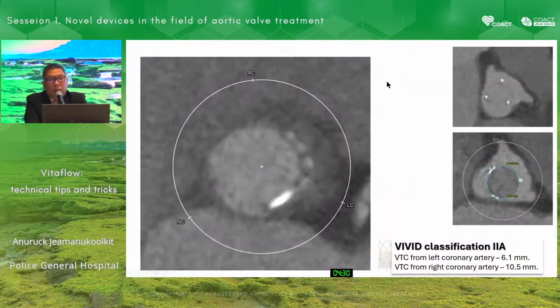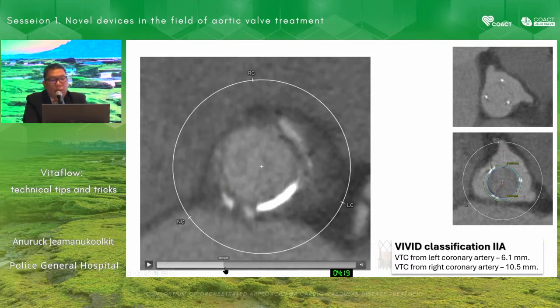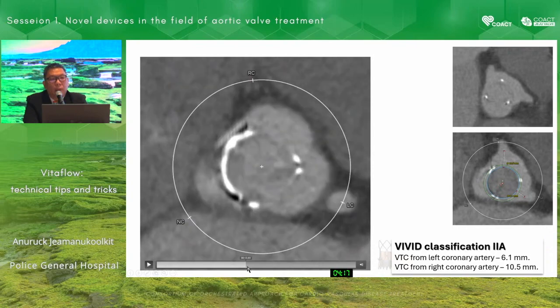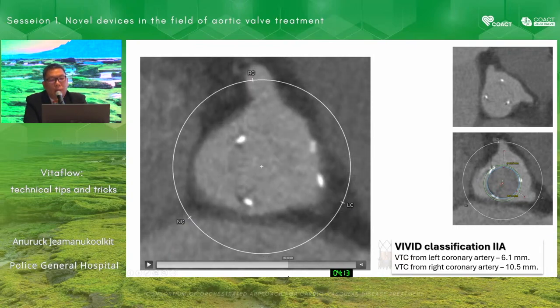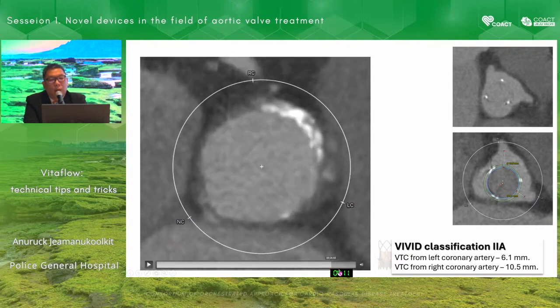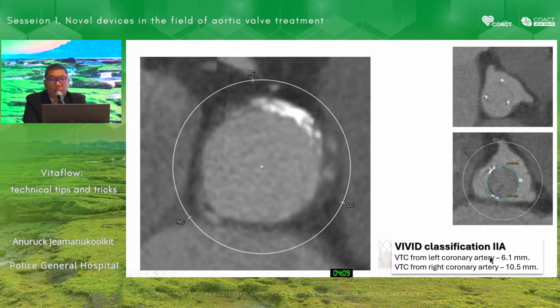So when we talk about valve in valve, we are quite worried about coronary obstruction and PPM. In this case, with the supra-annular design, we do not worry much about PPM, but we are quite worried about the coronary obstruction. So we use the VIVID classification.